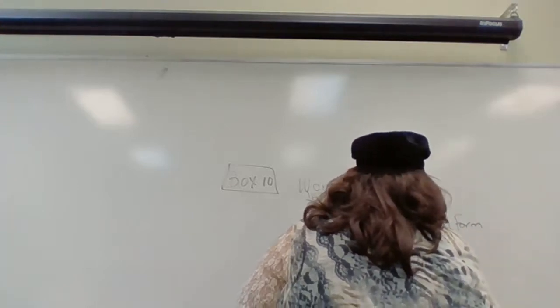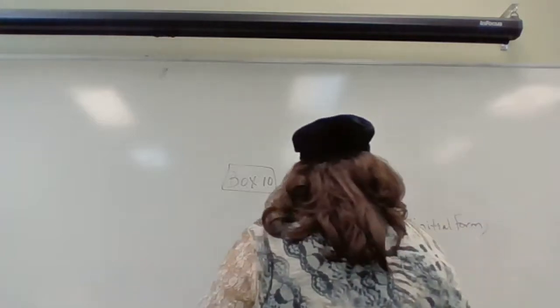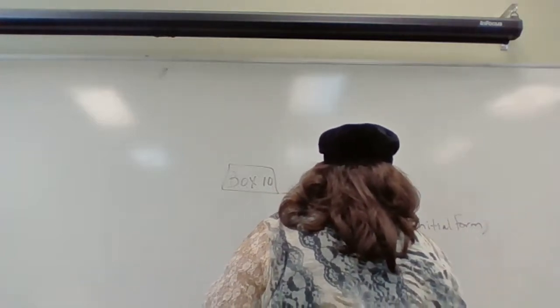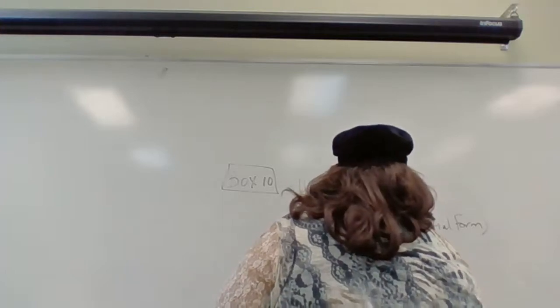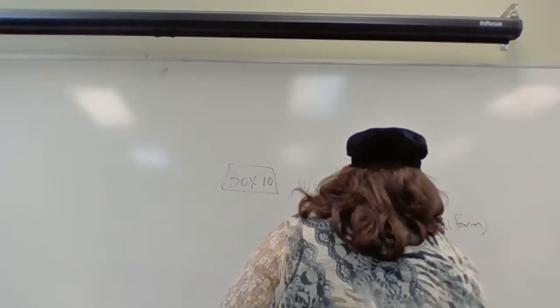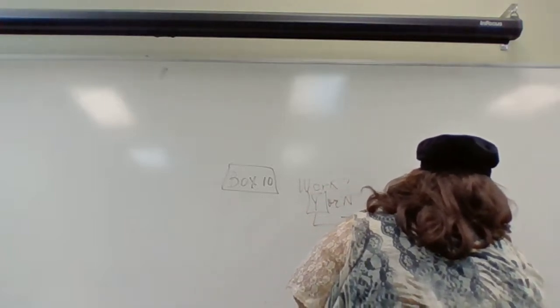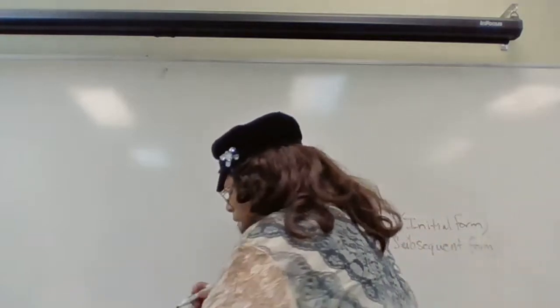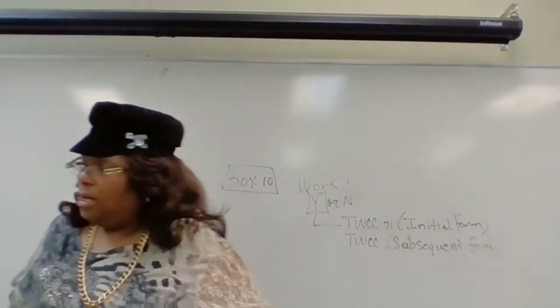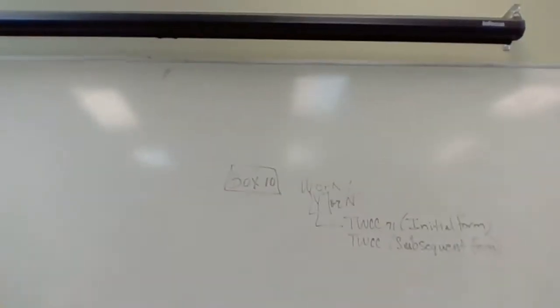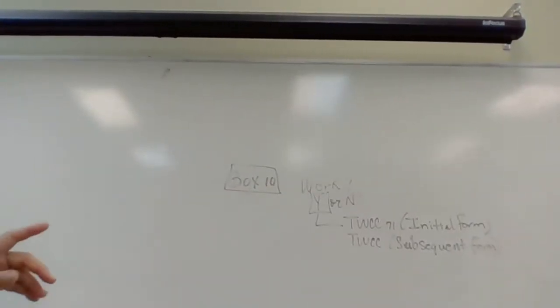Then anything after that, you would have to fill out what you call a subsequent form. The subsequent form is a follow-up to the initial form, the TWCC 71. I think still to this day it's called TWCC 71 or TWCC 72.